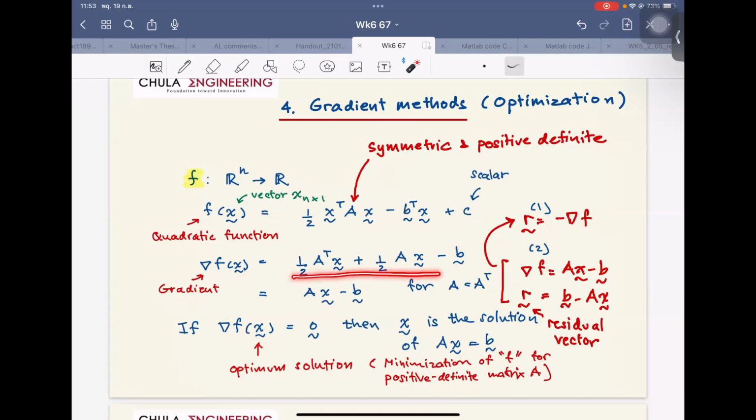This is the gradient, and notice that function f returns a scalar, but the gradient of function f returns a vector.